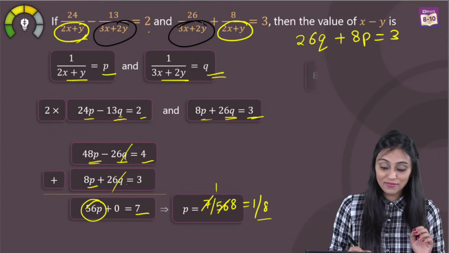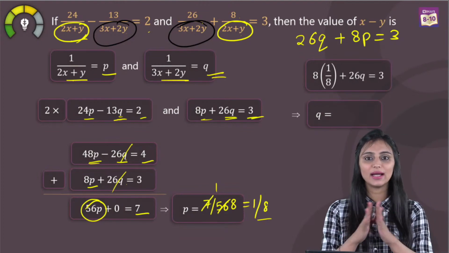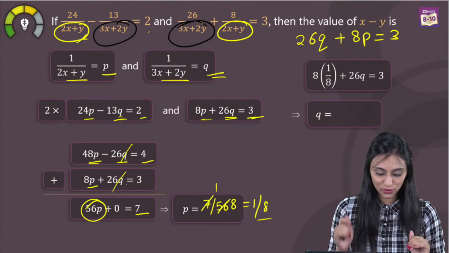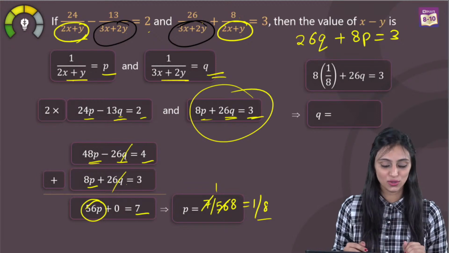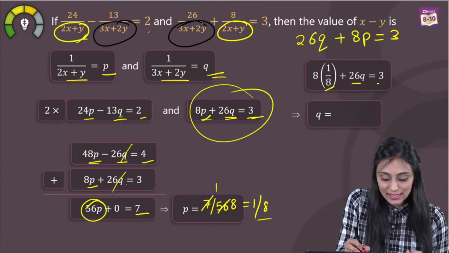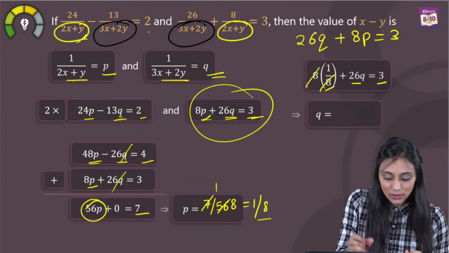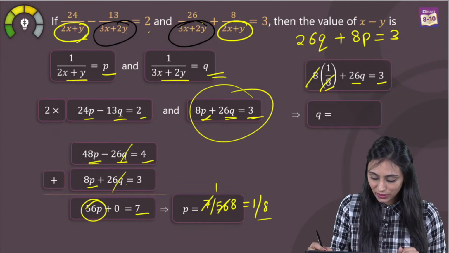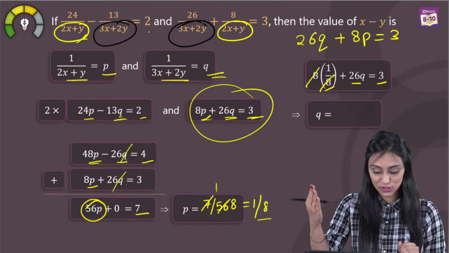Right, now we need the value of Q as well. You can substitute that in any of the equations to get the value of Q. Let's suppose I'm using this equation over here. So here if I put P as 1 by 8, plus 26Q equals to 3, this 8 and 8 will get cancelled out. So we have 26Q equals to 3.